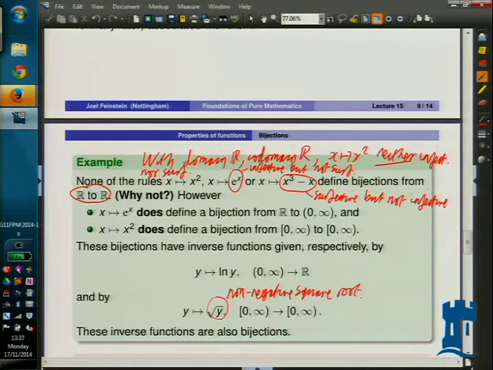And that is your inverse function. If you start off going from non-negative reals to non-negative reals, then the non-negative square root will take you back to where you started.